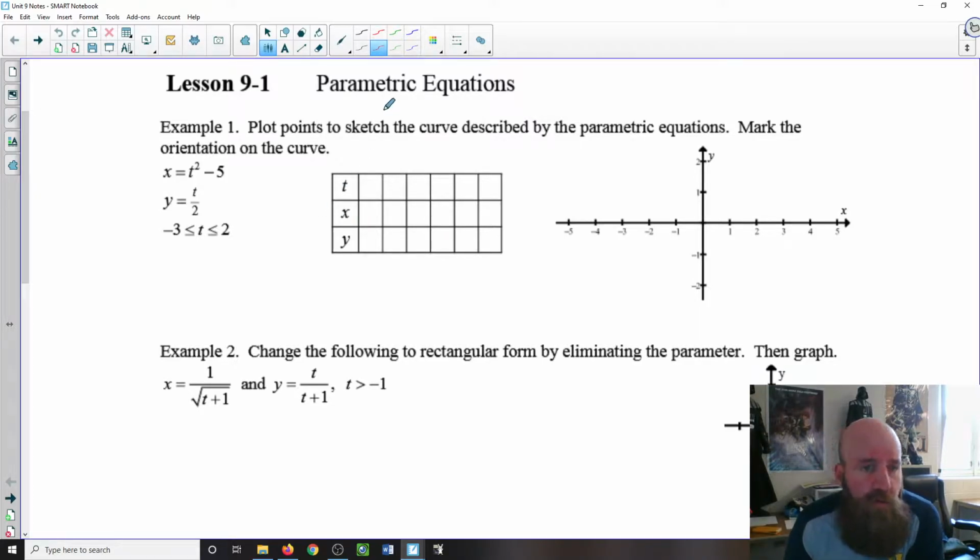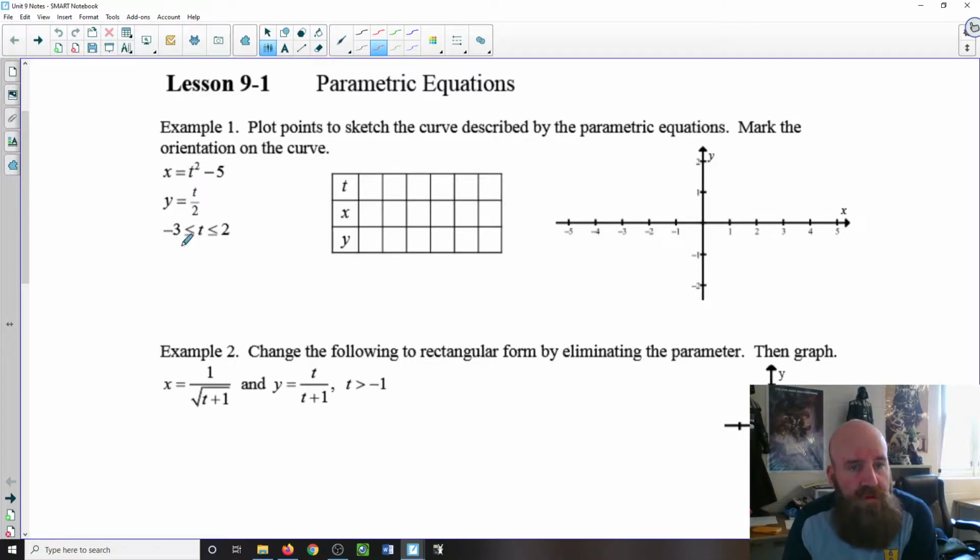So in the first problem we have parametric equations given. So parametrics, we have an x equation and a y equation. So the x equation would give you horizontal position after a certain amount of time, and then the y equation gives you vertical position after time.